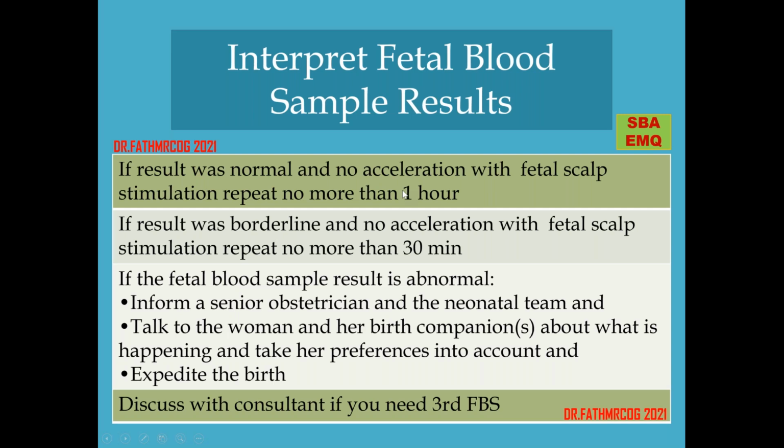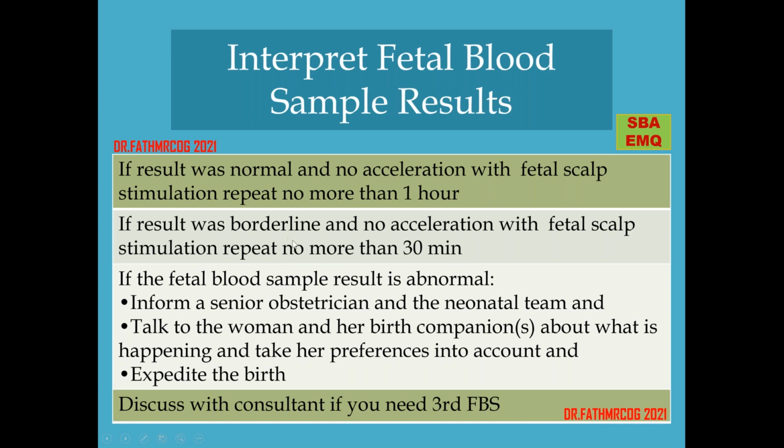So if you do fetal blood sampling and you find it normal, but there is no acceleration, you should repeat the fetal blood sampling after 1 hour. If the result was borderline and there is no acceleration with the fetal scalp stimulation, repeat after 30 minutes.